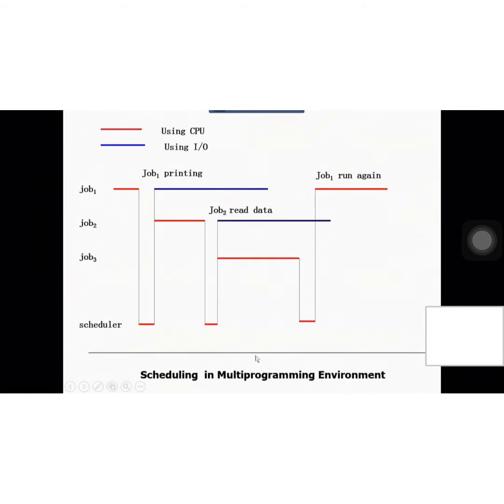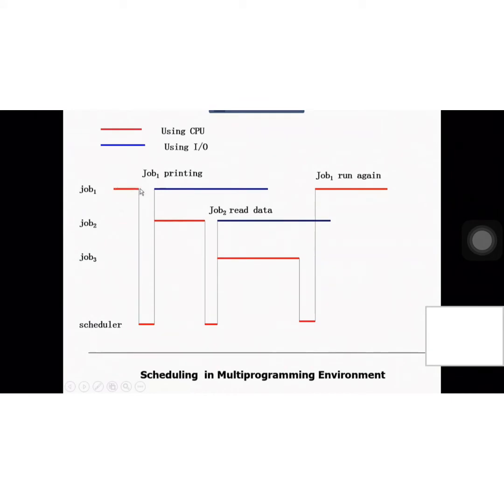So from this picture, we must know some points. One point is this: when job 1 does I/O, its work doesn't finish, and the second time when it finishes I/O and the CPU is scheduled again, it will continue to run from that point.